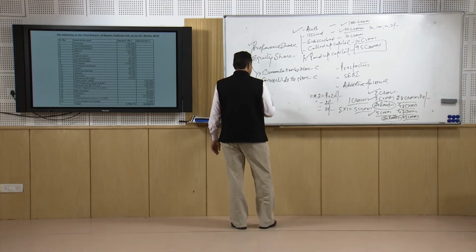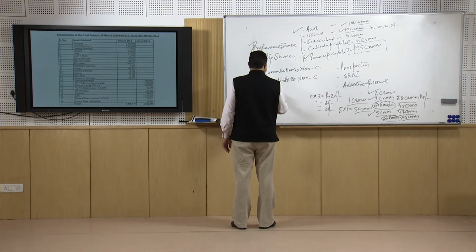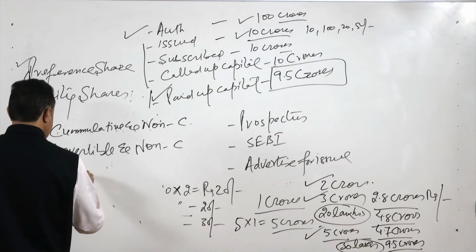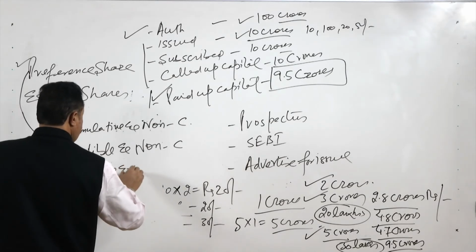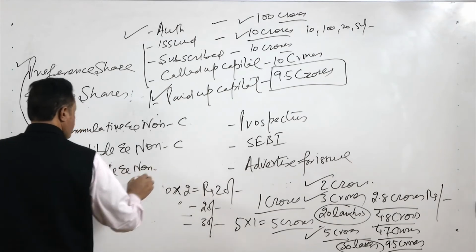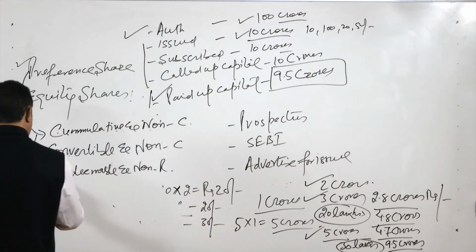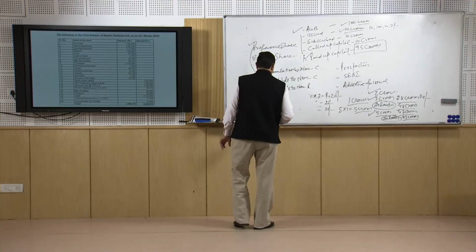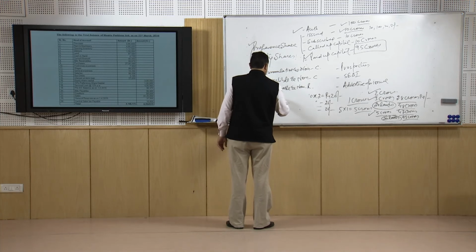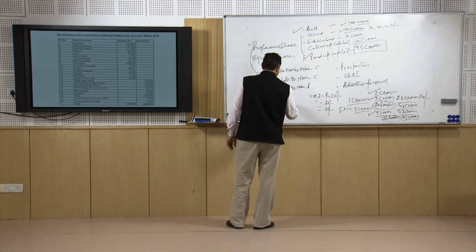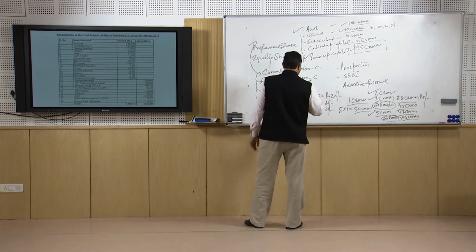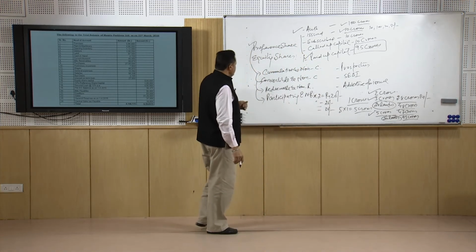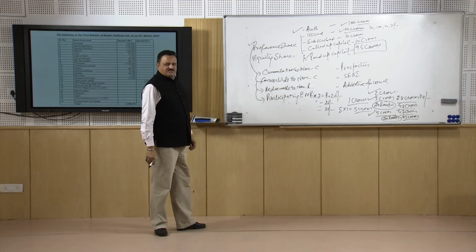Third category is redeemable and non-redeemable preference shares, and fourth category is the participating preference shares and non-participating preference shares. These are the four categories of the preference shares.